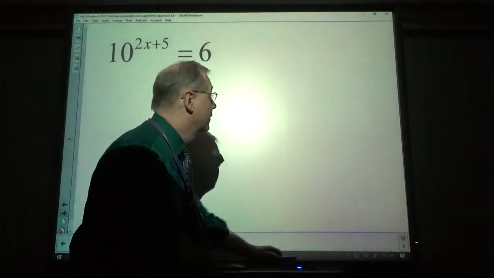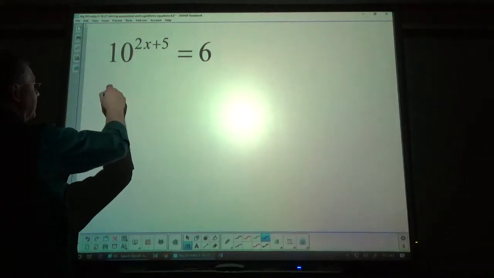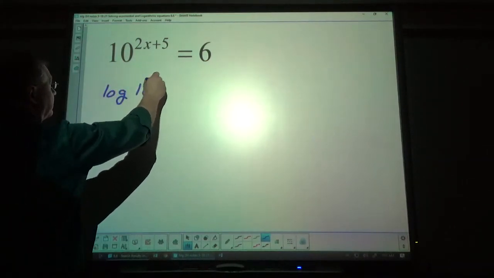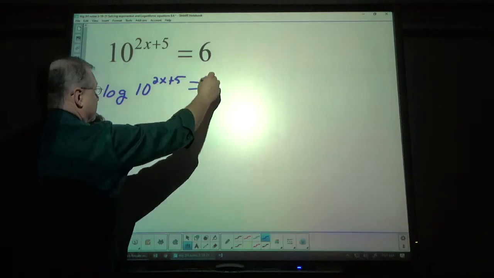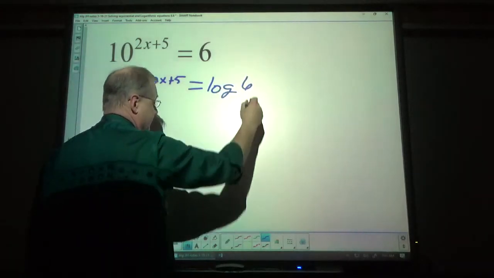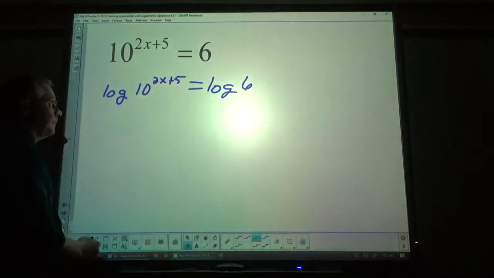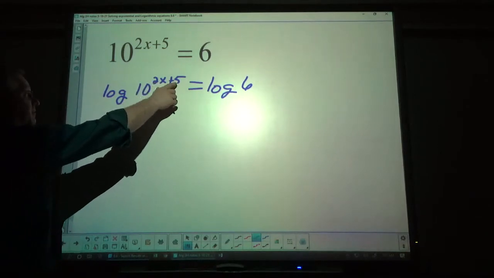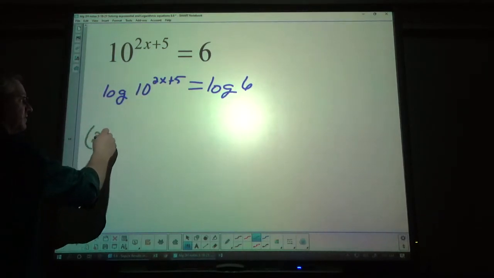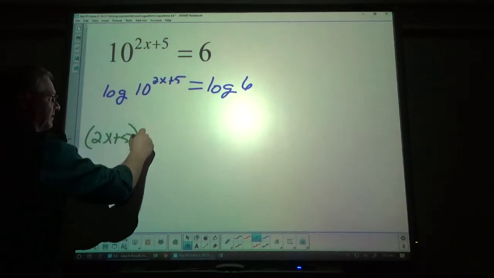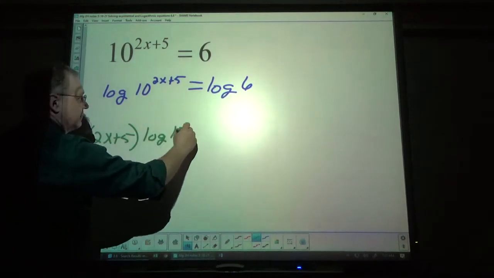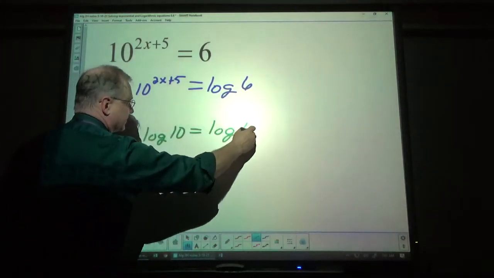All right, now I'm going to demonstrate this. Log of 10 to the 2x plus 5 equals log of 6. The exponent becomes the multiplier. 2x plus 5 times log of 10 equals log of 6.